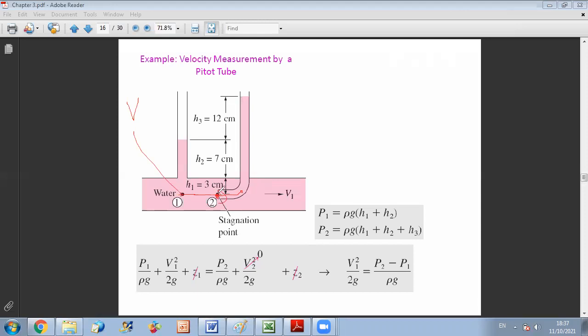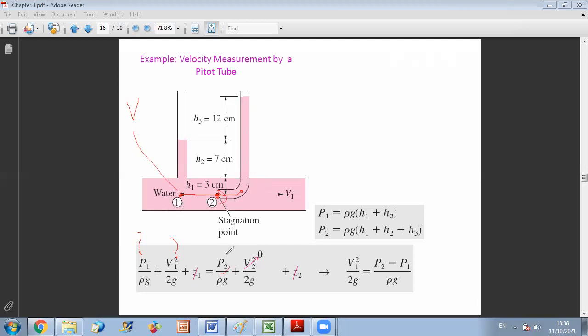Okay. And therefore, if I apply the Bernoulli equation between 1 and 2, I can write the following. At point 1, I have the pressure of the flow, whose value I don't know, and I don't know the value of velocity V1. I want to measure it. P1 over rho G plus V1 square over 2G plus Z1 equals P2 over rho G plus V2 square over 2G plus Z2.